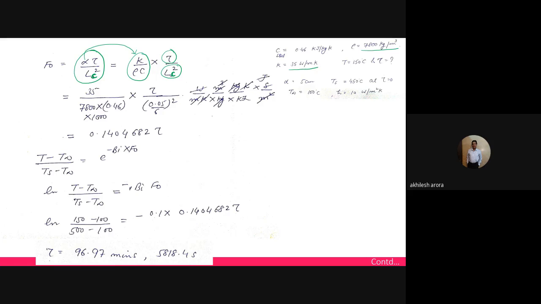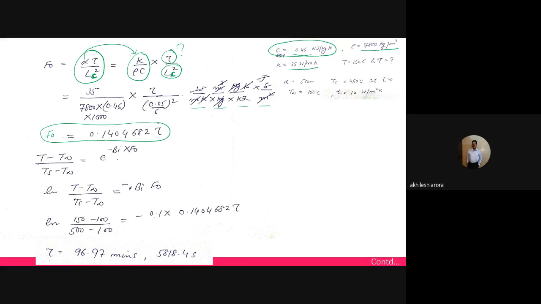We have the specific heat, given as 0.46 kilojoules per kg Kelvin. But we have to use a consistent set of units. You being in third year now, you know what a consistent set of units is, so be careful while writing the units. I have shown the various units here. So you put in all the values. The value of tau is still unknown, so the Fourier number comes in terms of tau, and this is the value of the Fourier number: 0.1404682 tau.